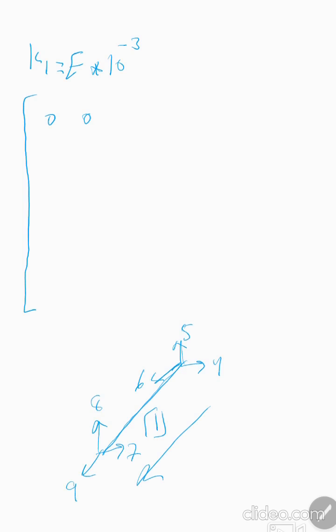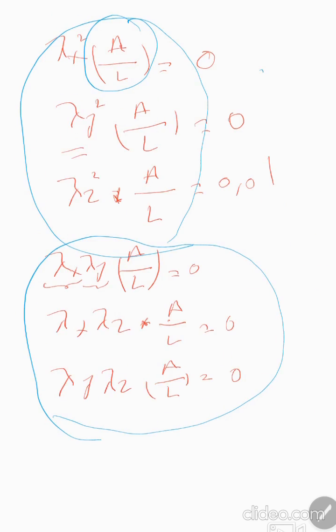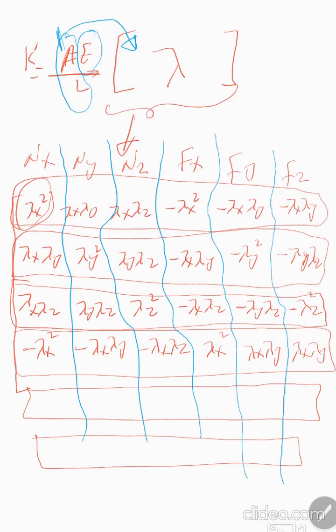So here this is nx. nx is 4, ny is 5, nz is 6, and then fx is 7, fy 8, fz 9. Then substitute your values of lambda that I already calculated from this part, depending on this matrix.